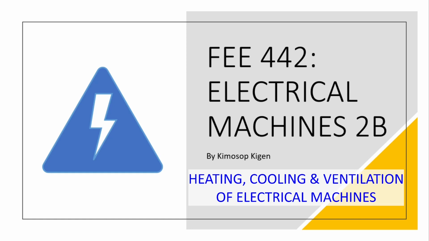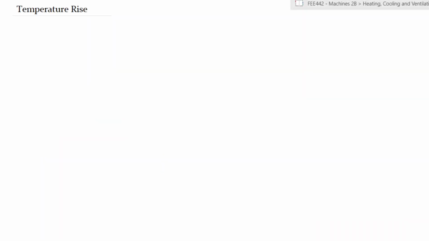So let's get started. Now, in the case of any machine, during its operation, the input to the machine in the form of energy is equal to the output that you get, which is usually rotational in the case of machines, or in the case of transformers, an output voltage, plus certain losses that cannot be converted into an output.